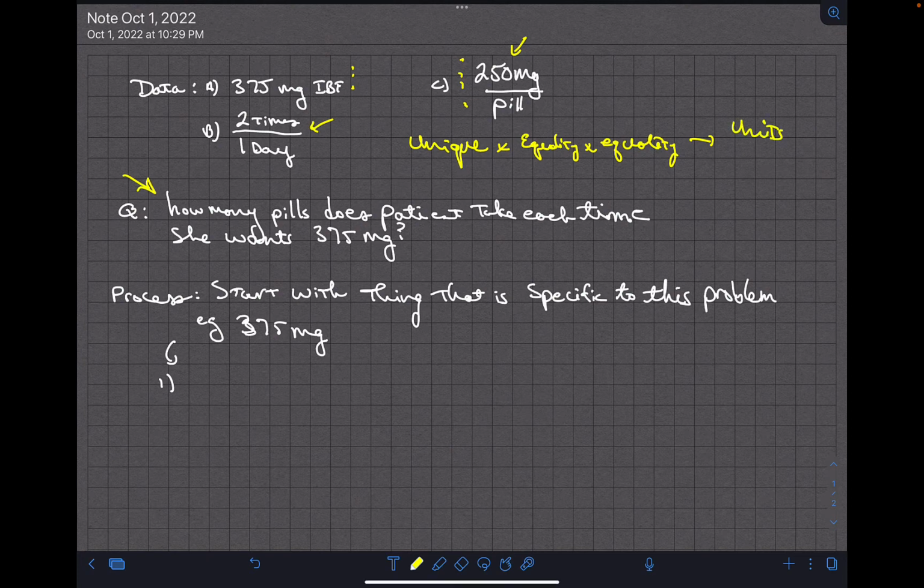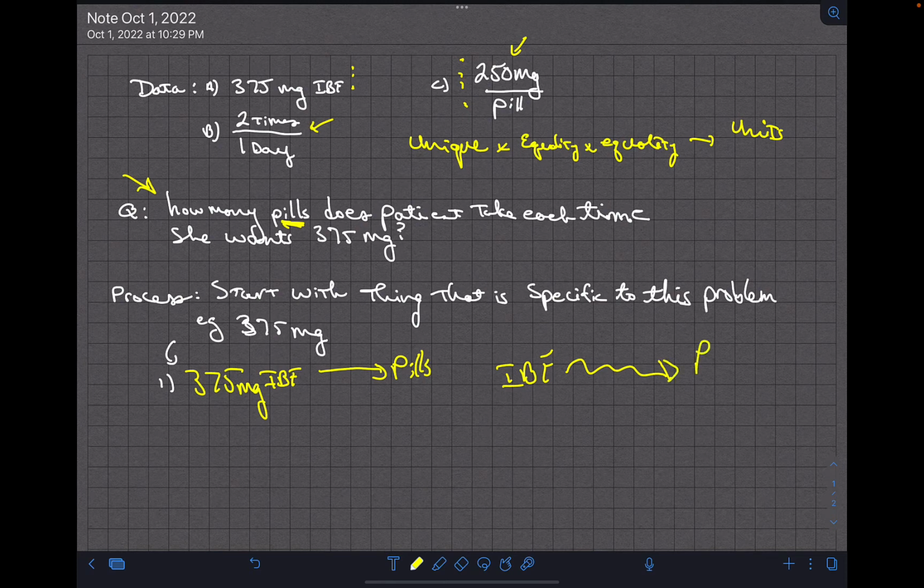So in this particular case, we're going to start with 375 milligrams of ibuprofen, and we need to turn this into pills because the question is, how many pills does she need to take? So we need to get some path from ibuprofen to pills.